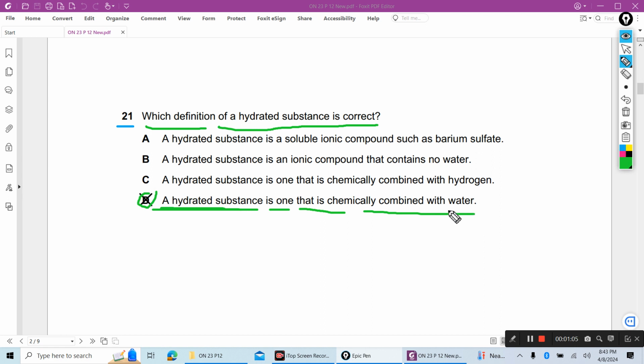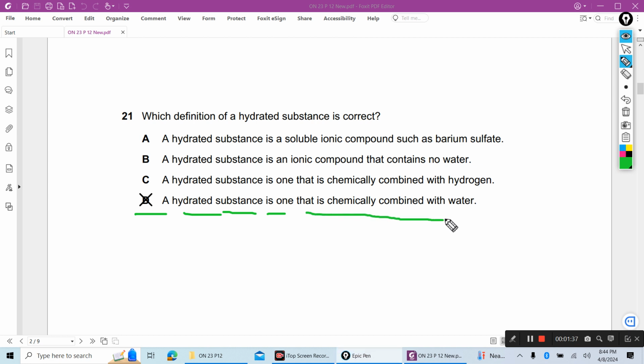Say copper 2 sulfate, 5 mole water. This is a hydrated substance. This 5 mole water is chemically combined with copper 2 sulfate. So answer is D.